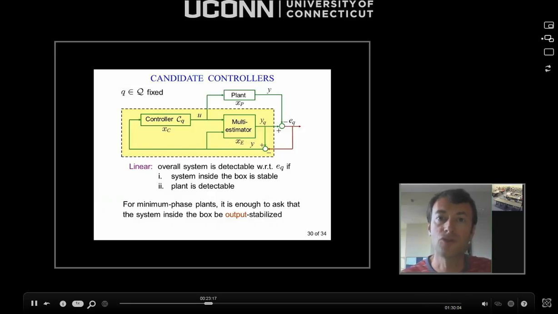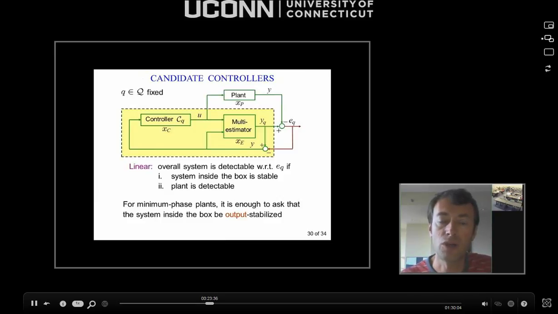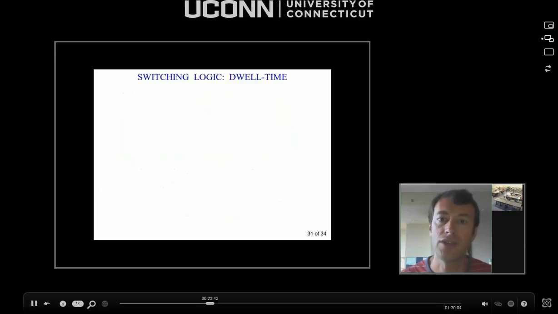There are quite a few tools that nonlinear system theory has developed that can be used for this purpose. And in case the dynamics are linear, these reduce to fairly standard results in linear system theory. Okay, so let me know if at this point there are more questions about candidate controllers, because what I'm going to do next is look at the switching logic.